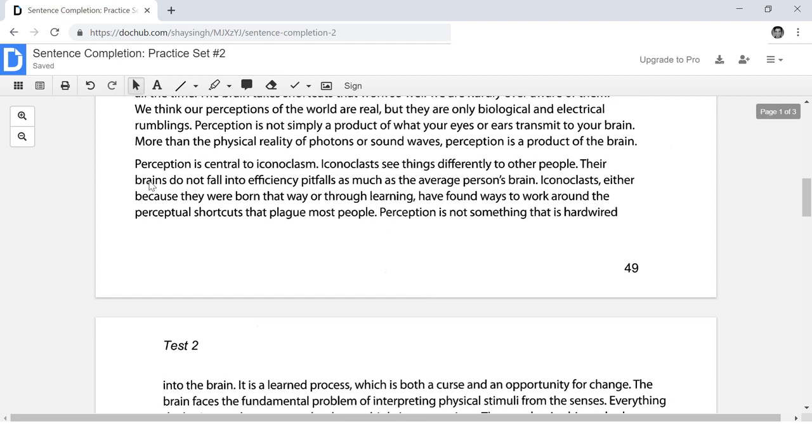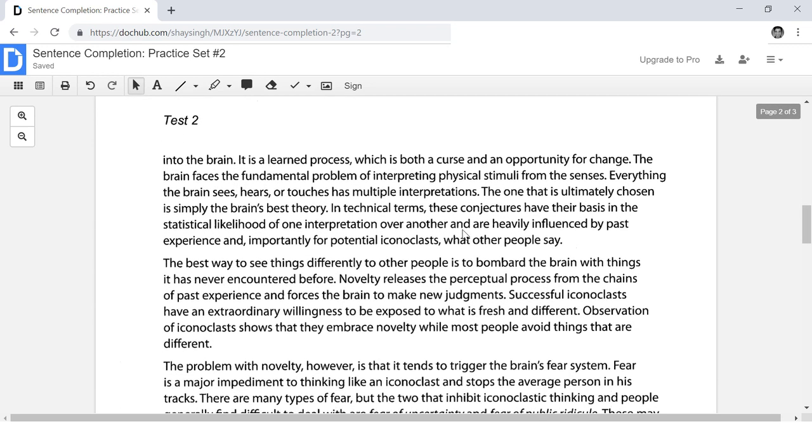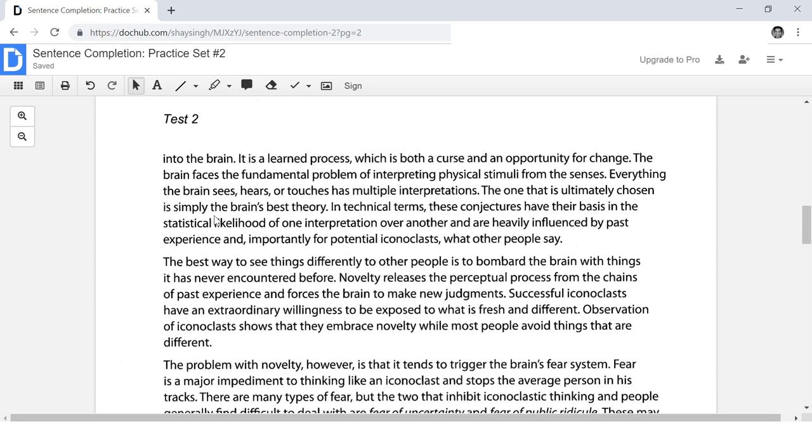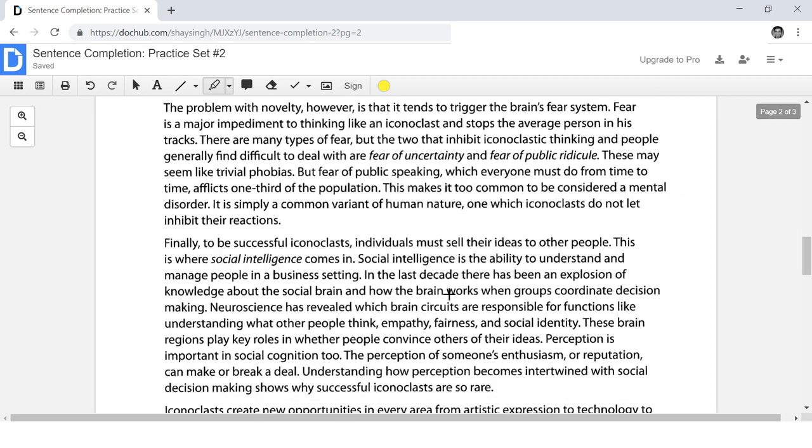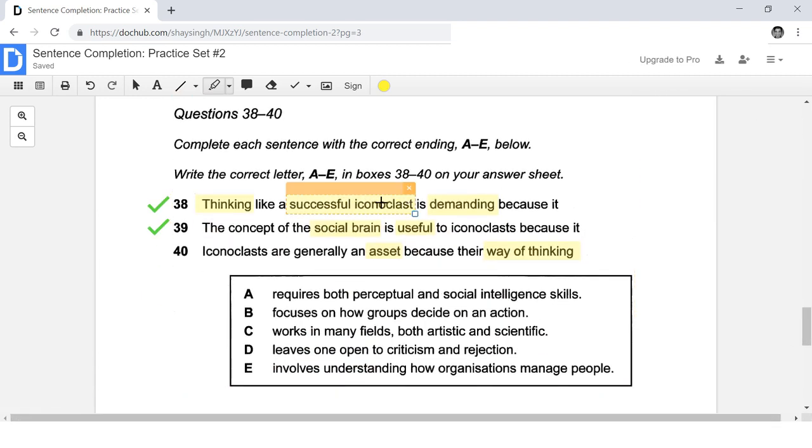Okay, haven't seen anything about success yet. Okay, here we go. Successful iconoclasts. So mention successful iconoclasts here. Gonna scan a little bit more to see if I can see anything else about that. No, I don't see any more mention of successful iconoclast.